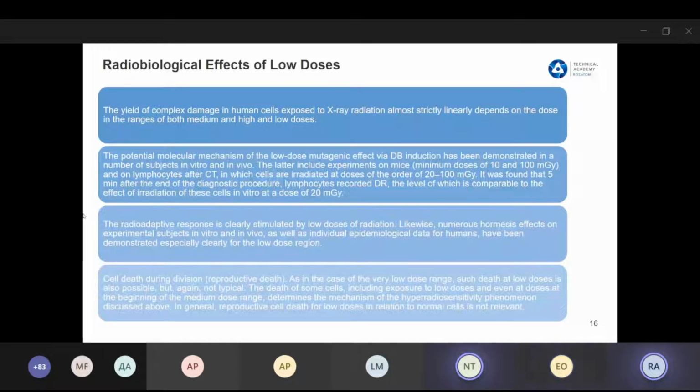Indeed, the yield of complex damage in human cells exposed to X-ray radiation depends almost strictly linearly on the dose in the ranges of medium, high, and low doses. In the latter case, this holds when cells are irradiated under conditions that include DNA repair.